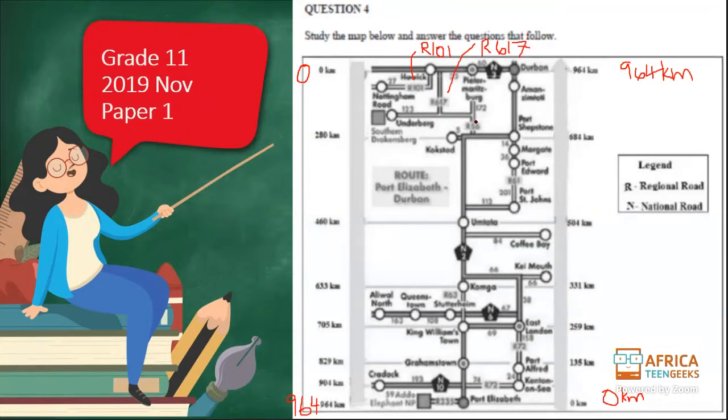Okay, and this road here, it's R56. Obviously, this is N2, right? This one here, it's R61.